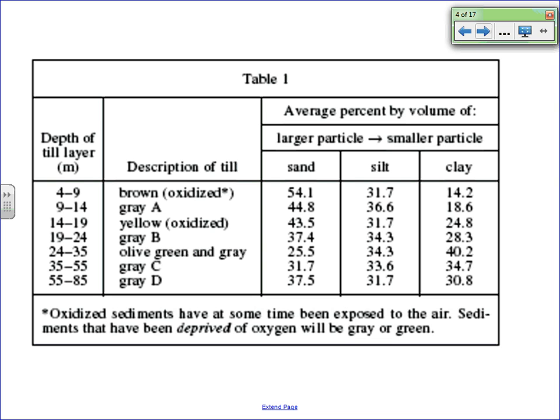So the layer that we're looking at, we can figure out that layer's depth. What else is in here? Nice. What would we call it? What kind of till is it? Now the next ones are a little bit trickier. There are 3 more. What are we looking at? And what about sand, silt, and clay? They're what?